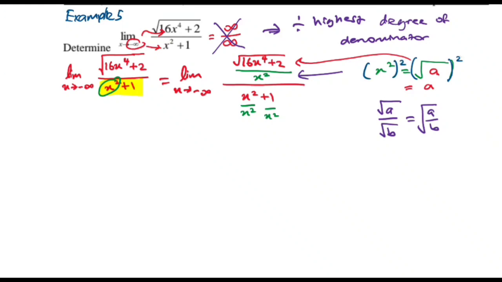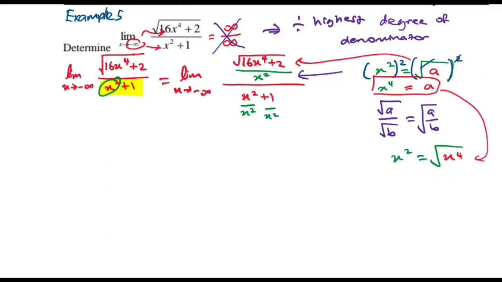Because when square root meets power 2, it disappears and what's left is x power 4. So a is equal to x power 4. This means we can let x squared be the square root of x power 4. That's the a that we have just found.